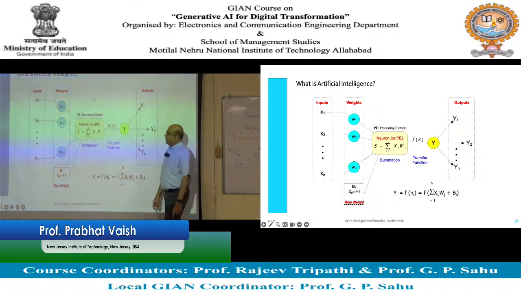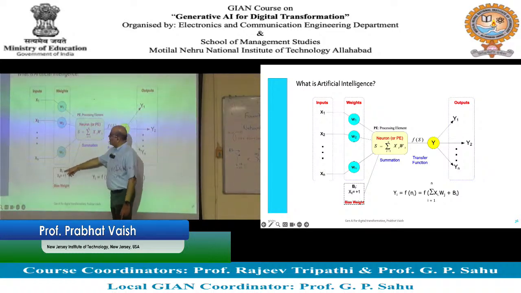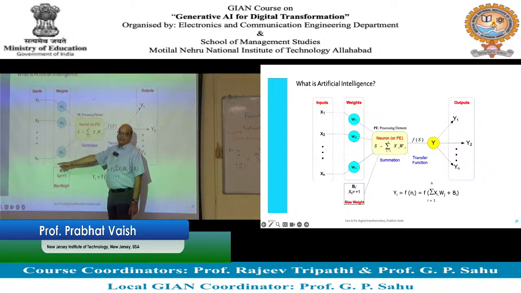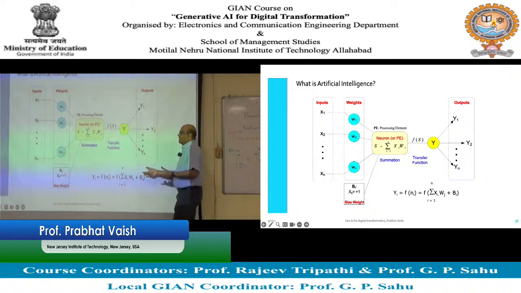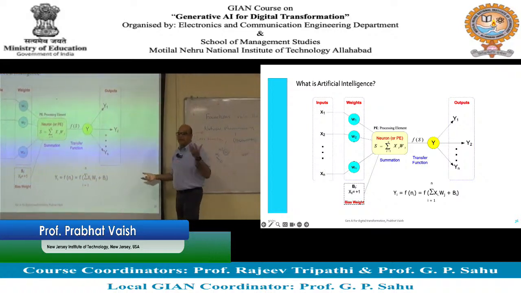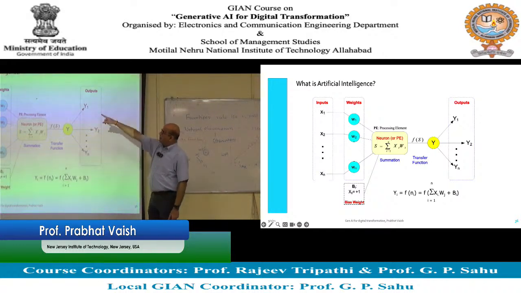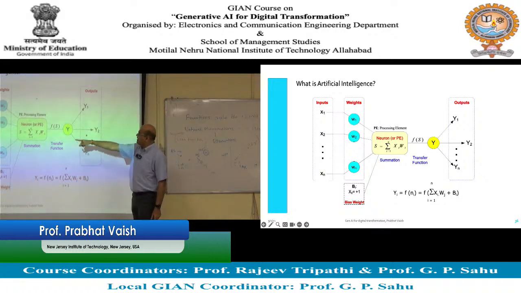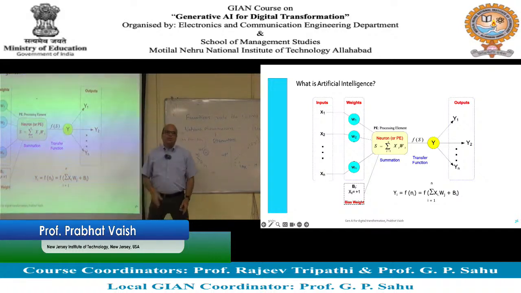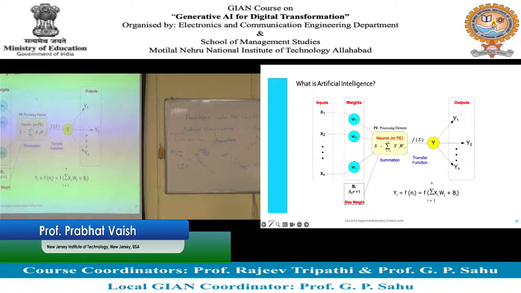The only way we can change is either these biases or these weights. So really speaking, and I've jumped ahead a little bit, but that's where we will end up in another half hour. The learning basically is to learn the right weights and bias values so that your output is the same as what you want. That's exactly what we will end up doing.